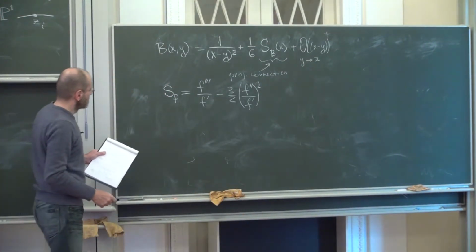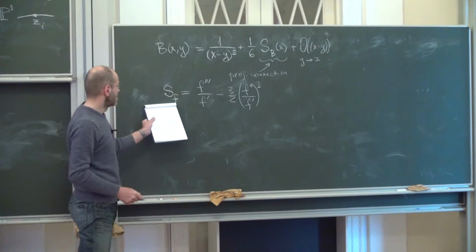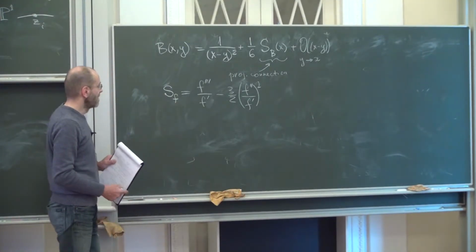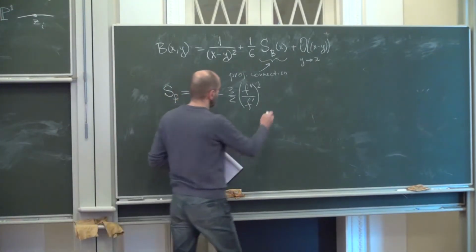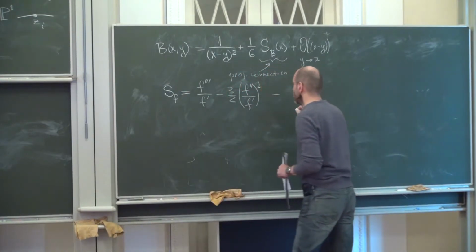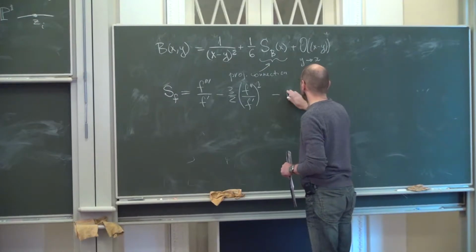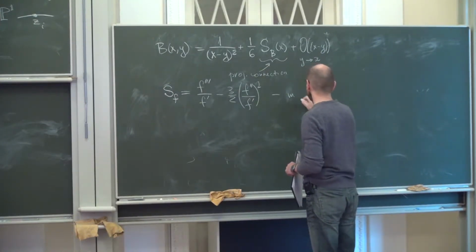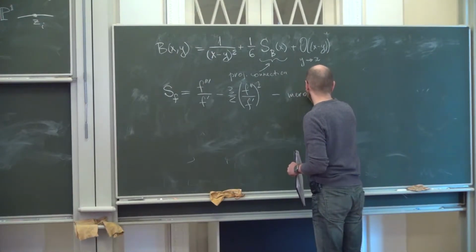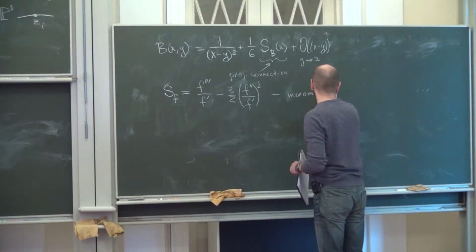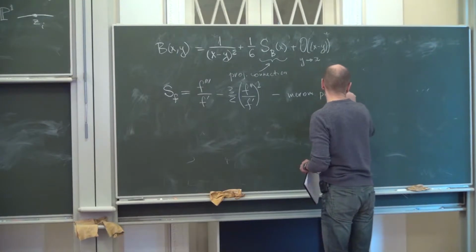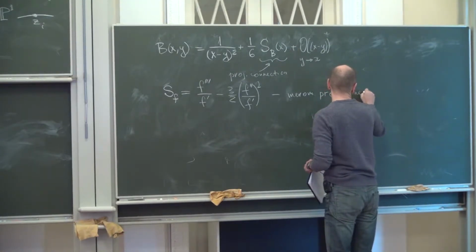And if we take a meromorphic function and consider its Schwarzian derivative, this is also a projective connection on C, which is meromorphic. So this is a holomorphic projective connection, and this is a meromorphic projective connection.